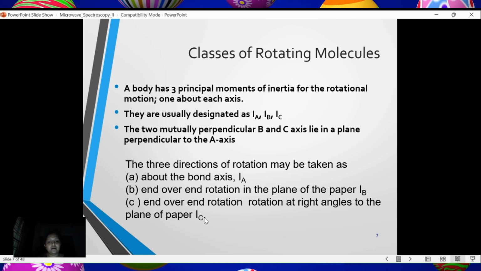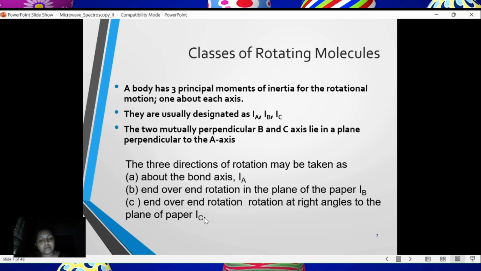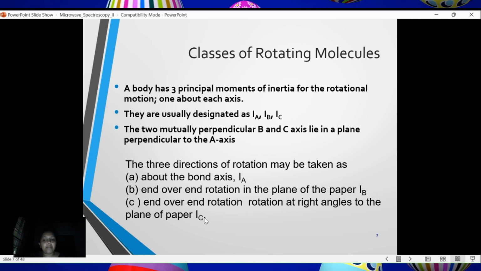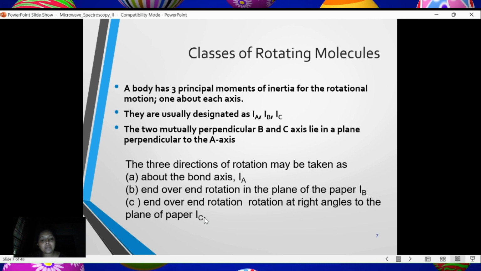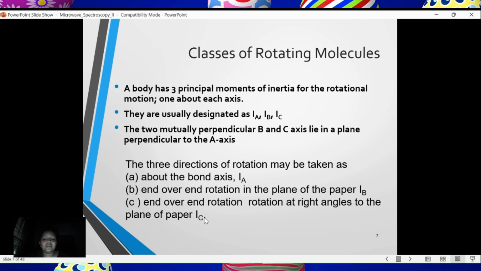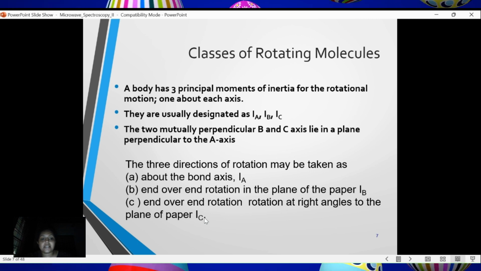IA is the moment of inertia along the bond axis, and IB is the moment of inertia arising due to the end over end rotation in the plane of the paper, and IC is the moment of inertia due to the end over end rotation at right angles to the plane of the paper.